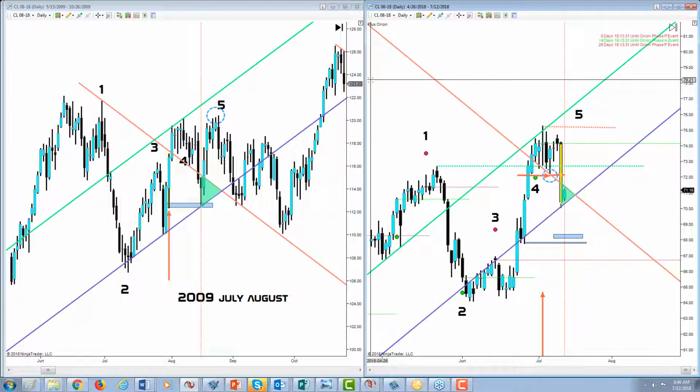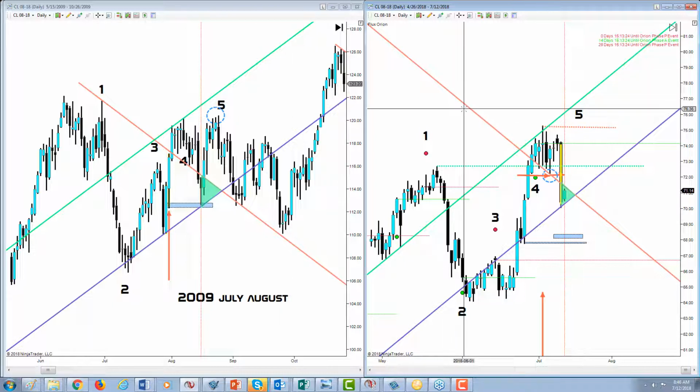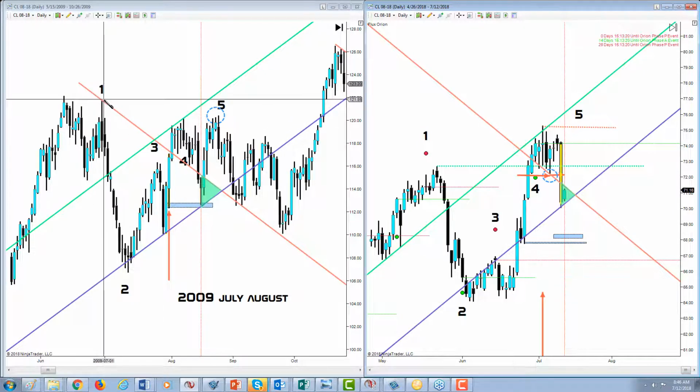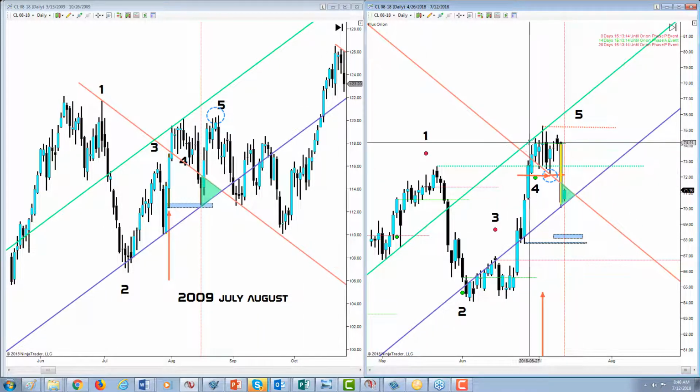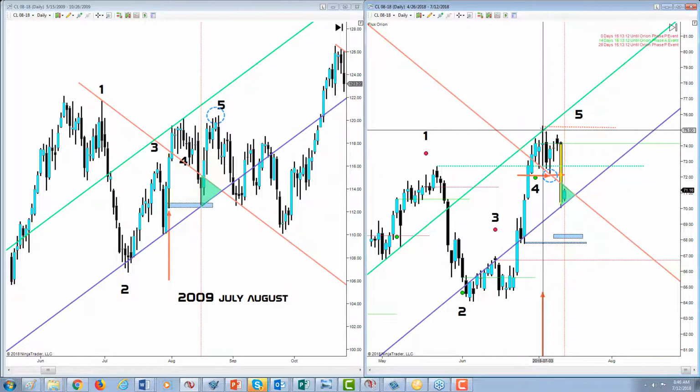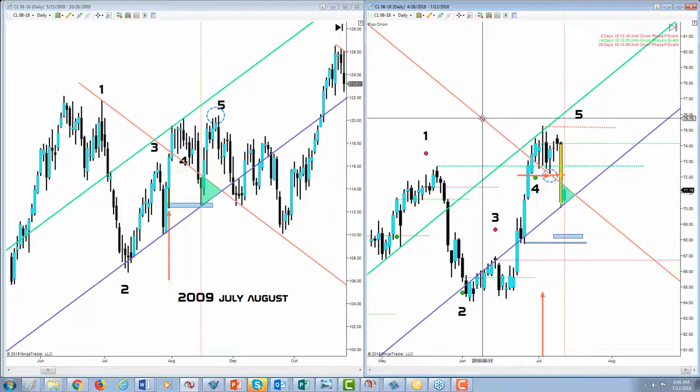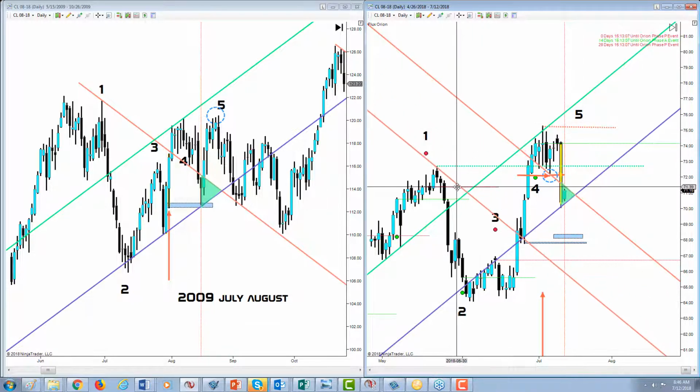Sometimes you just want to move back a little bit to appreciate what you've got. The chart in 2009, we had a higher high to the left, and it defined the slide on the way down. Over here, this was the higher high. It pushed past it. Normally, I'd want to put the red line here.